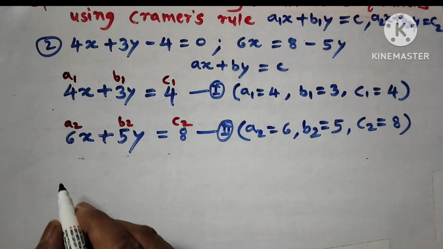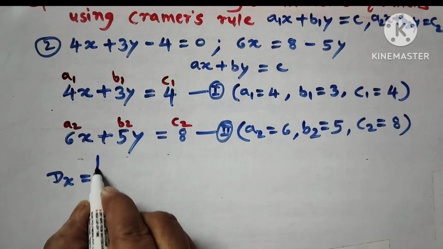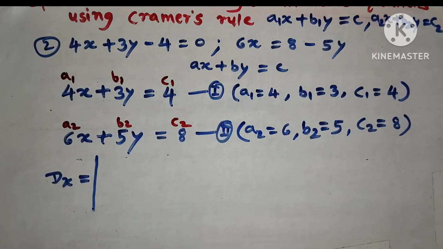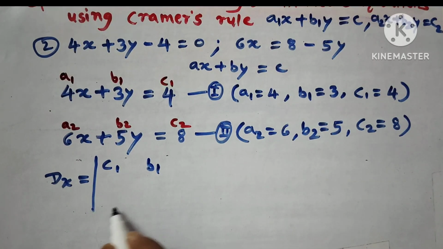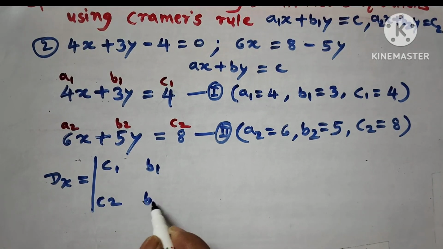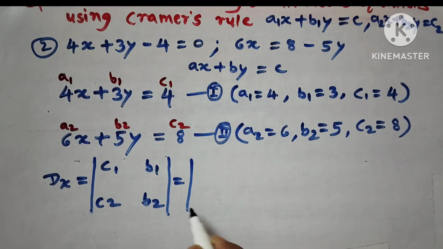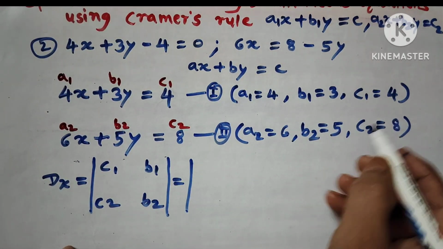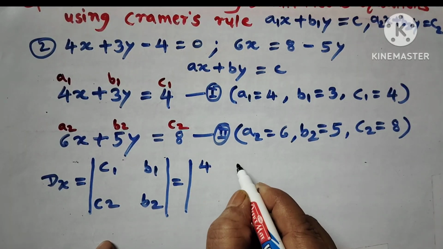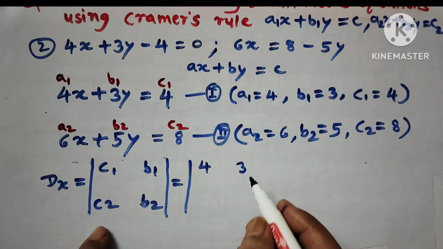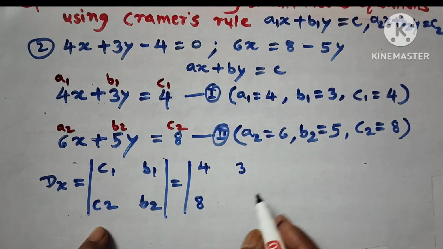Now find the value of Dx. Dx is equal to the determinant c1 b1, c2 b2. Substitute the values: c1 is 4, b1 is 3, c2 is 8, b2 is 5.